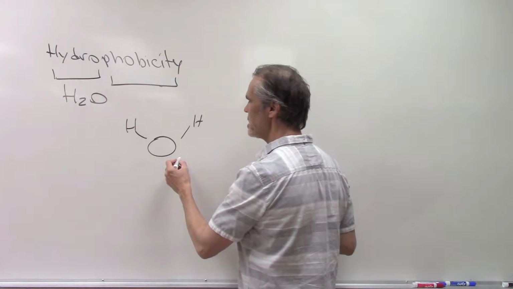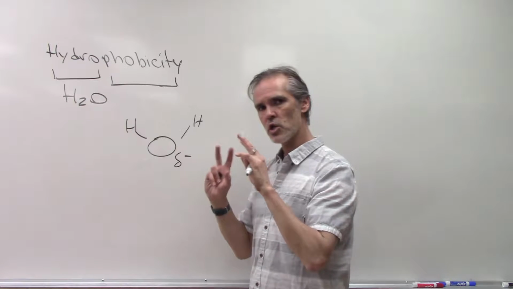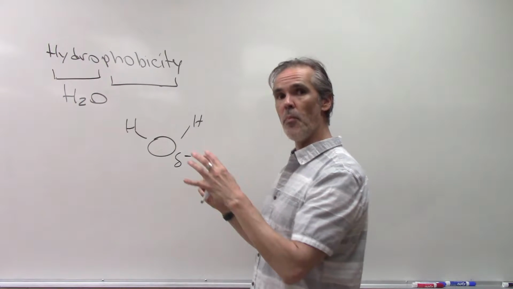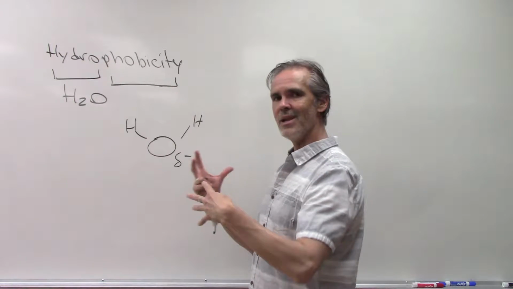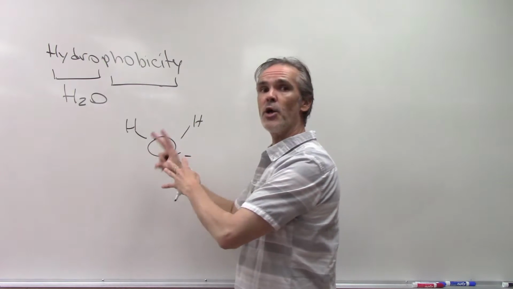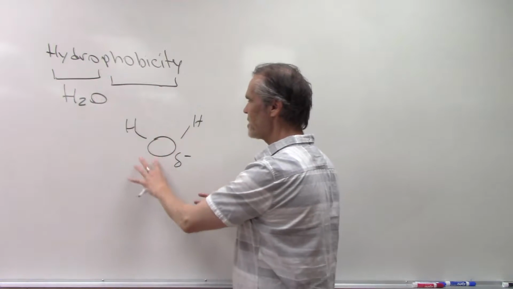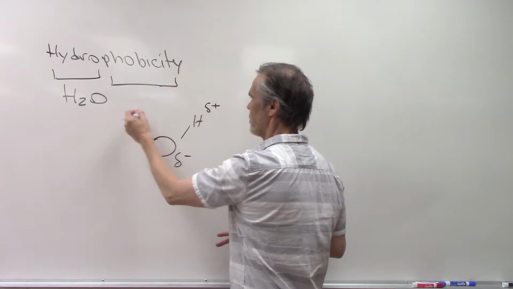So basically, there is a little charge here, not a real charge per se. It's just that there's a portion of this water molecule that has a little bit more of a negative environment to it, because electrons have a tendency to spend more time here than there, right?